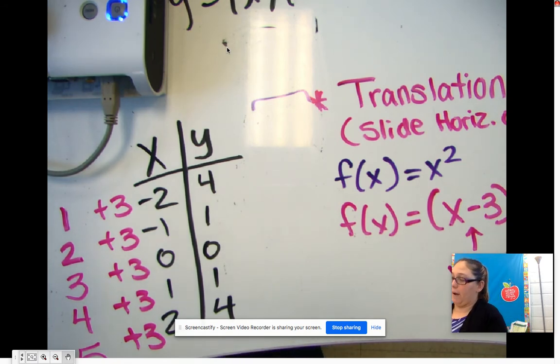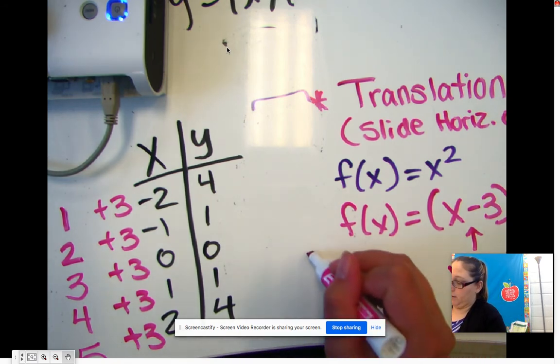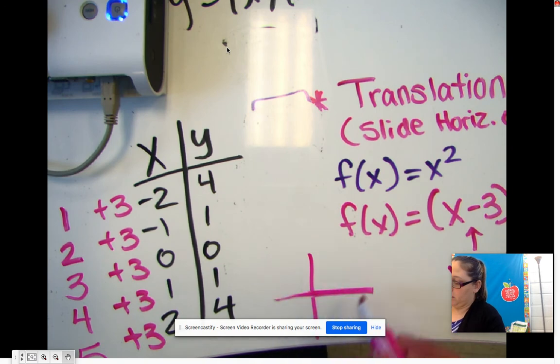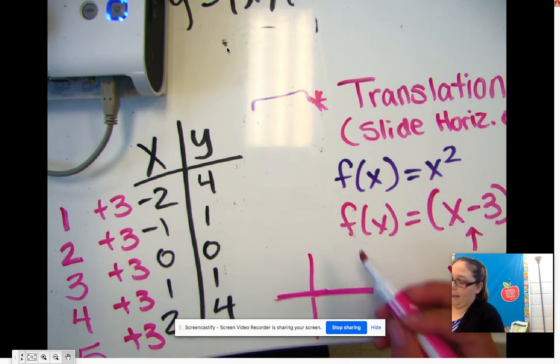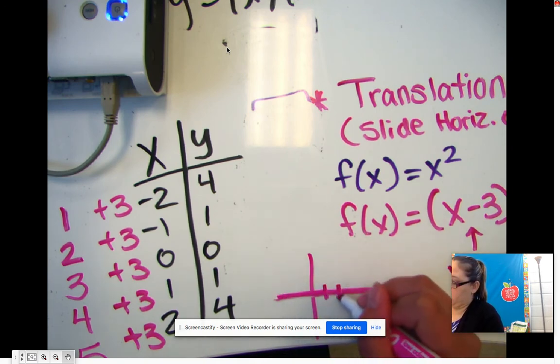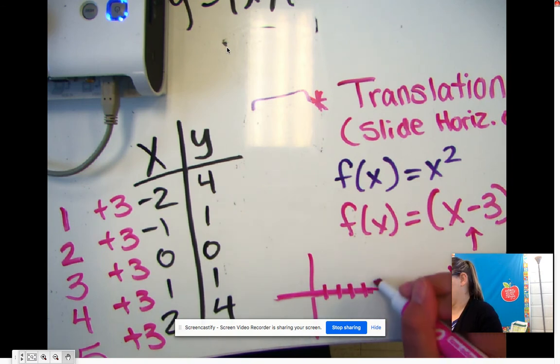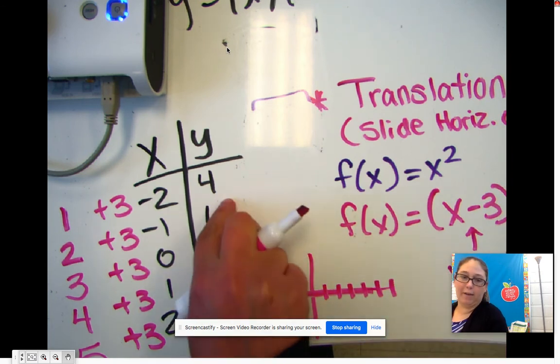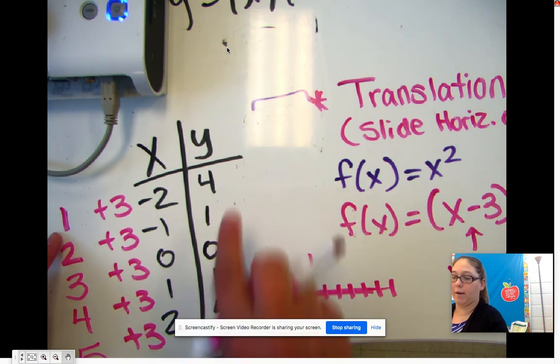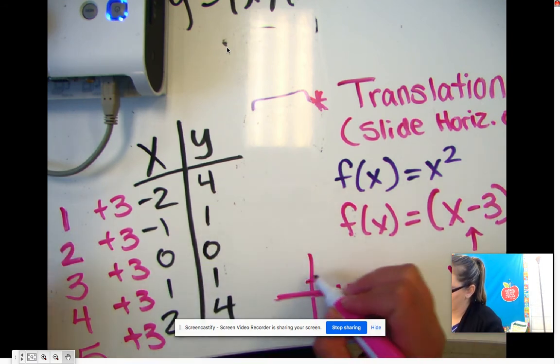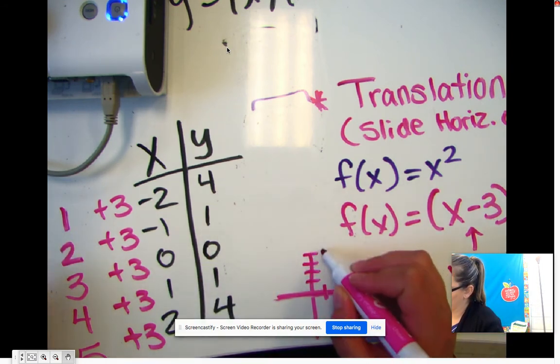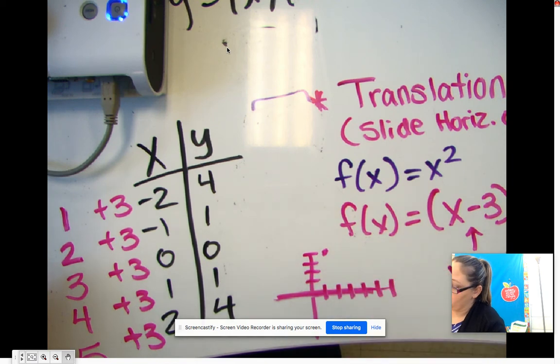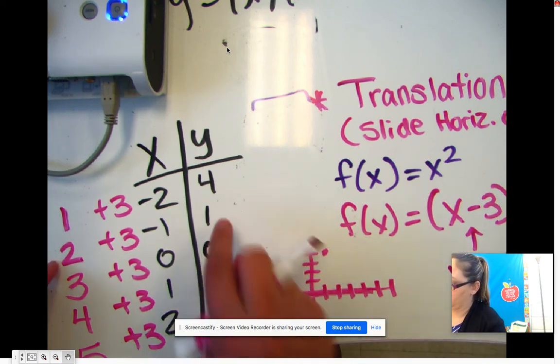So if I were to graph this, I now have my x values and my y values are going to stay the same. So I'm going to have 1, 4. And then 2, 1, sorry.